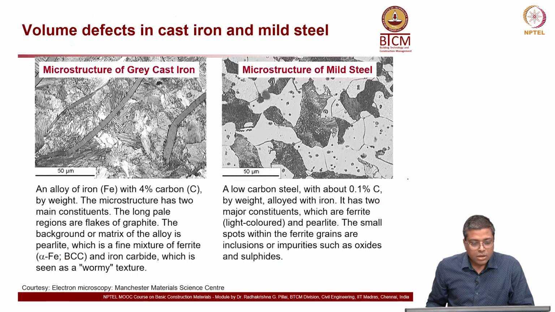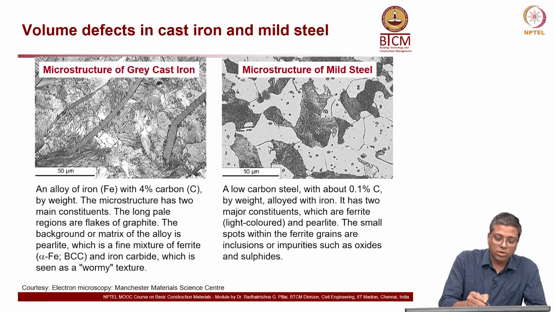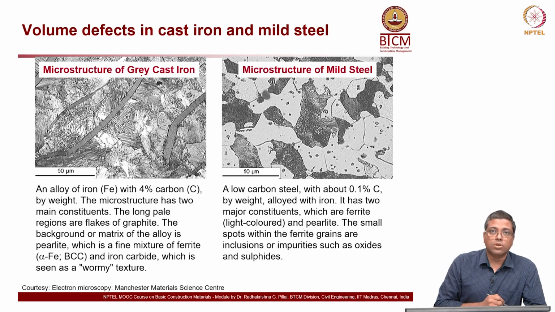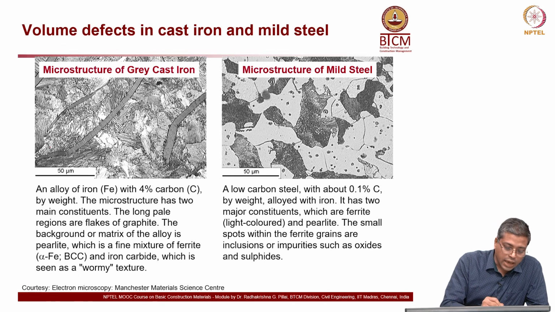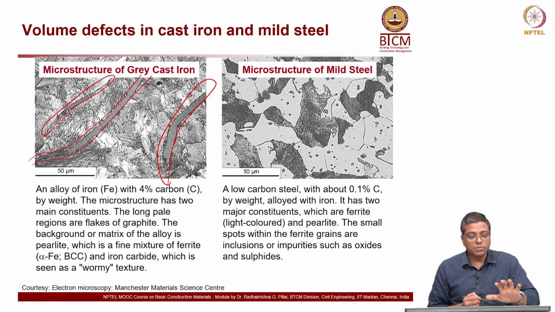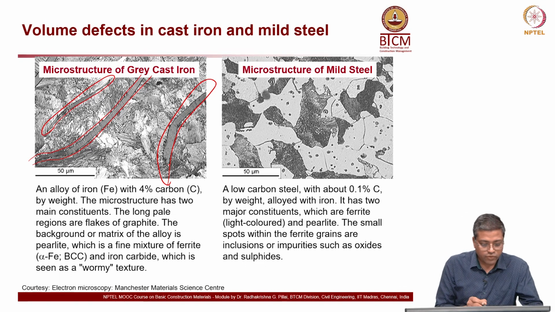Now, these are some real examples. The first picture is a microstructure of grey cast iron. You can see in the cast iron you have a lot of these flakes present. This is another flake, this is another flake. In this picture you have 3 big flakes of graphite present.